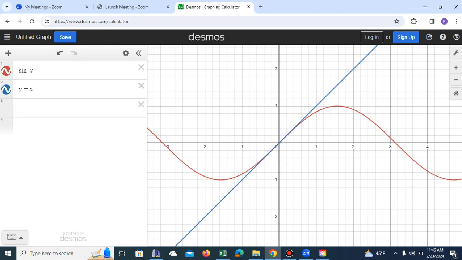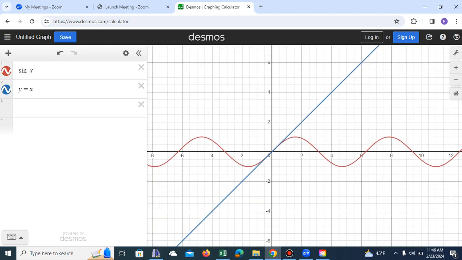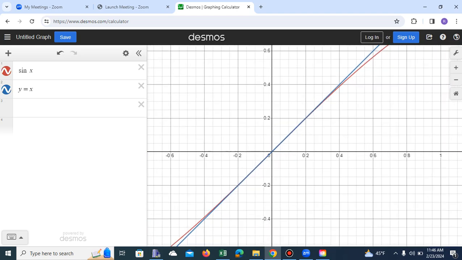And we see, no matter how zoomed in we get, actually, the more we zoom in, the better we see it. The blue line and red line match up. You can still see the red line there. So as x goes to 0, from either direction, sine of x and y equals x are very close to the same function, if not the same function.